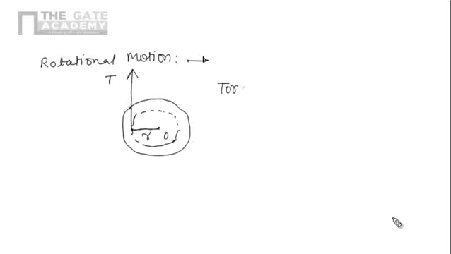Torque is force into perpendicular distance. If you see the diagram, the force is T and the perpendicular distance is r, so the torque will be T r. We can also apply Newton's second law of motion for rotatory motion.